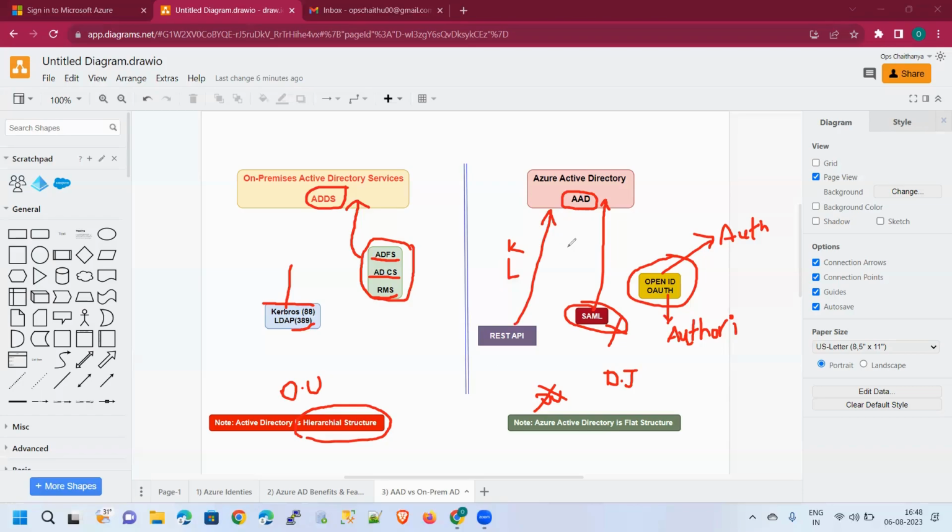In traditional days, you always had to go ahead and provision Active Directory Federation Services. But with Azure Active Directory, you really do not have to do that, because federation is part of Azure Active Directory itself. ADFS is already part of Azure Active Directory.